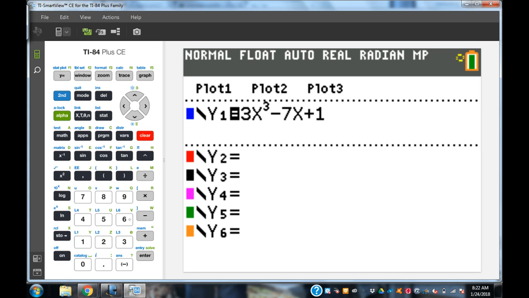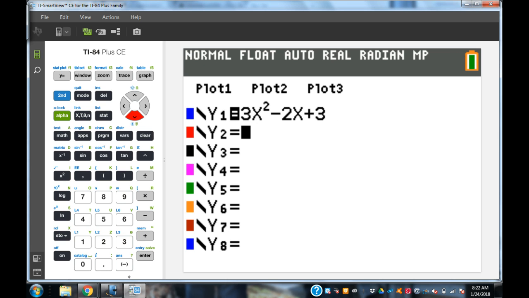So I'm hitting y equals, and I'm going to graph that original function they gave me, 3x squared minus 2x plus 3. And then on y2, I'm going to graph my secant line, negative 5x plus 9.